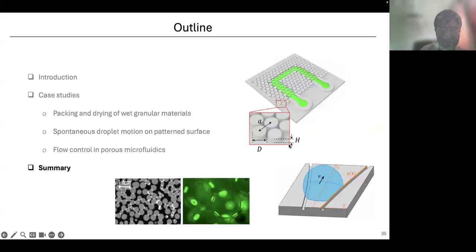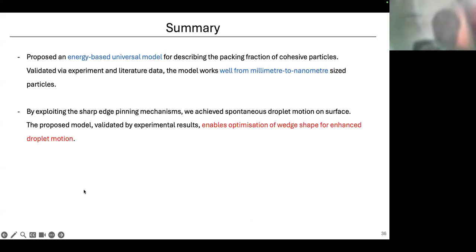All right, so that's 3 case studies and then some quick summaries. First of all, we proposed an energy-based universal model to describe the packing fraction of cohesive particles. And the model works pretty well from millimeter-sized particles to nano-sized particles.